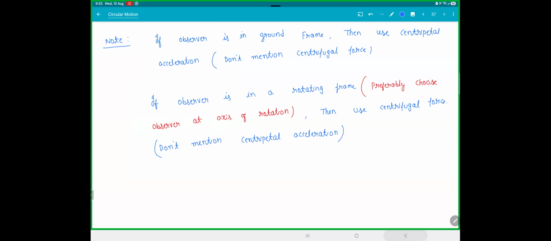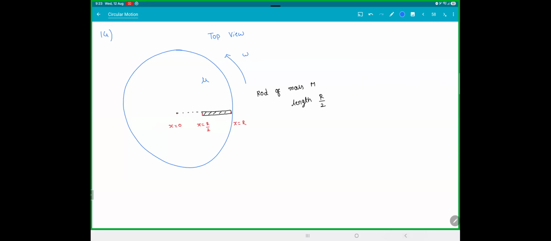Clear? So a rod of mass m is placed radially on a rough rotating disk. Find omega so that the rod does not slip. Find the maximum omega.